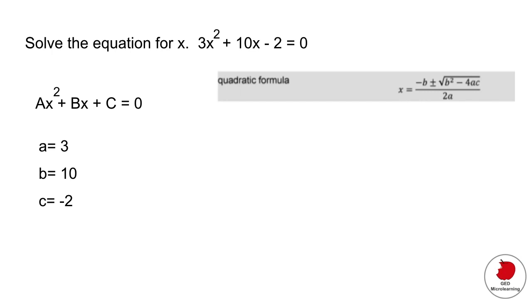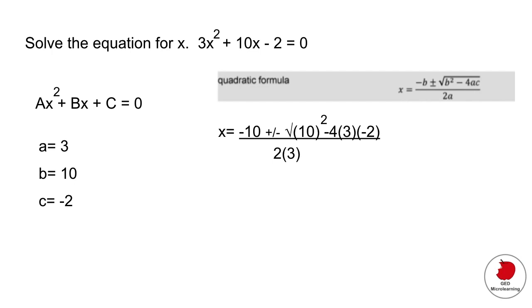So if you look at the top of the formula, it says x is equal to -b. We said that b was equal to 10, so we're going to have x equals -10. Then it says plus minus the square root of b squared. Once again, the value for b is 10, as you can see there on the left, minus 4ac. So we have -4 multiplied by a, which is 3, and multiplied by c, which is -2.